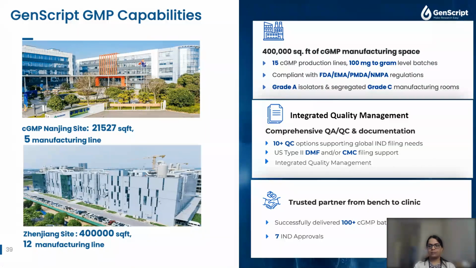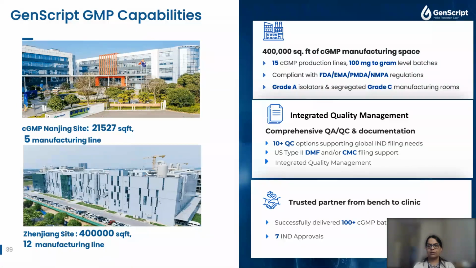So we enhanced our GMP capability and are able to produce sgRNA from 100 milligram to the gram level with a capacity of 400 batches per year. Additionally, we can produce ssDNA and dsDNA at milligram to gram level with a capacity of 100 batches per year.